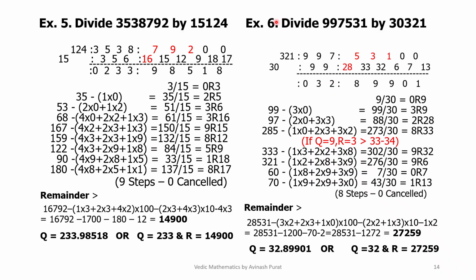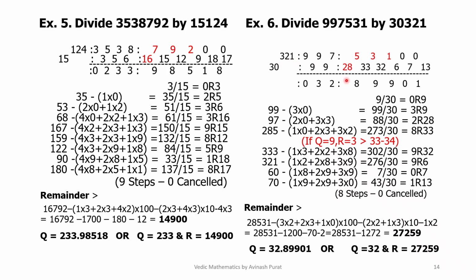Now, next example 6. Dividend 997531 by 30321. Now 30 is the first two divisors and 321 is the next, the Dhvajanka. So 531 is after the decimal point, having 3 digits equal to the digits in the Dhvajanka.